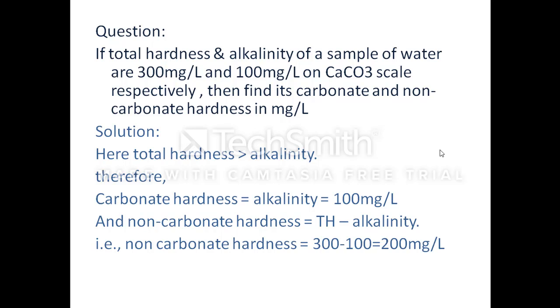Total hardness is 300 mg per liter and alkalinity is given as 100 mg per liter. Therefore, carbonate hardness would be equal to alkalinity, that is 100 mg per liter. And non-carbonate hardness would be equal to total hardness minus alkalinity. That is 300 minus 100, that is 200 mg per liter.